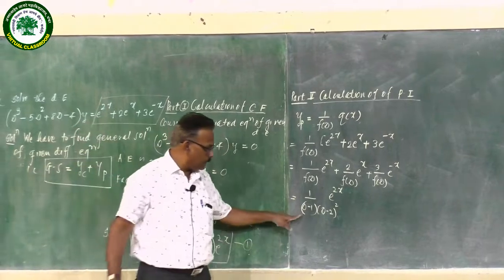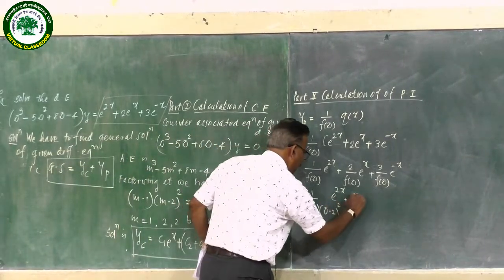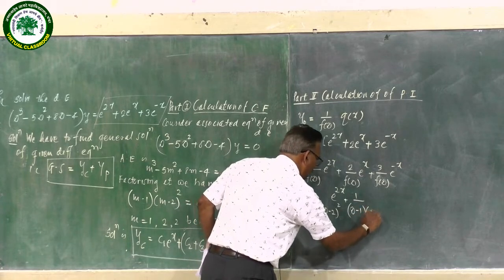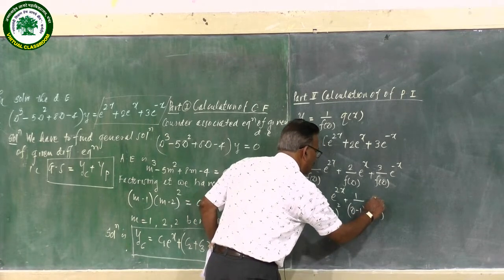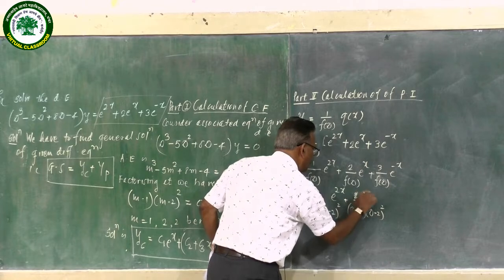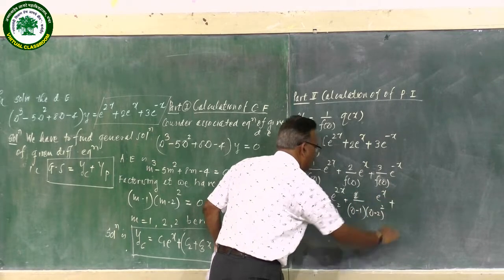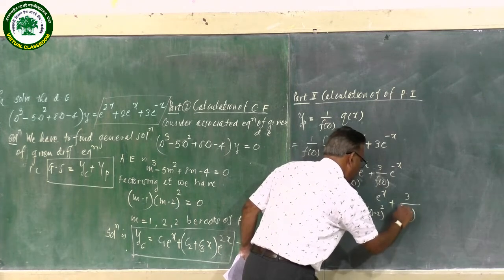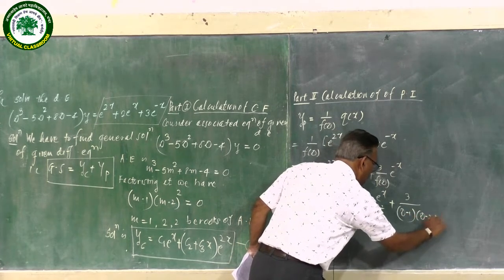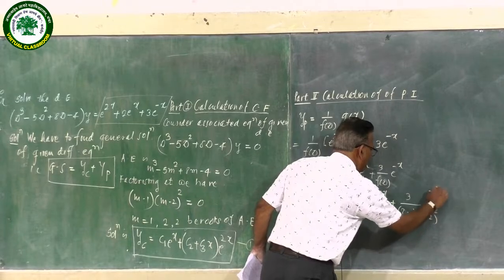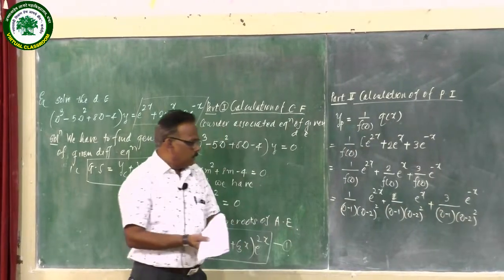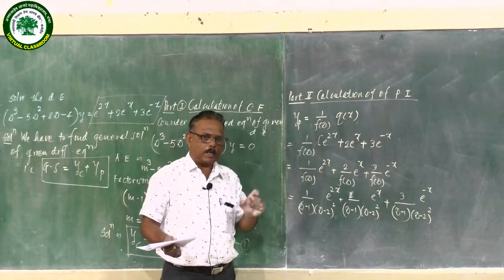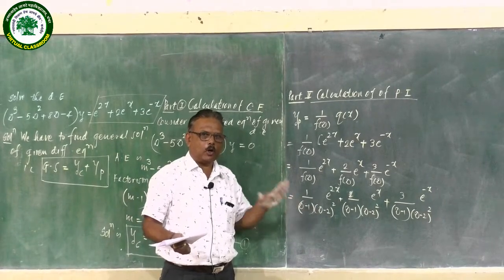This is the first part, plus again (D minus 1)(D minus 2) square, here 2 is the numerator, e raised to x, plus 3 upon (D minus 1)(D minus 2) square into e raised to minus x. We have just discussed the result for when a factor is repeated or non-repeated.